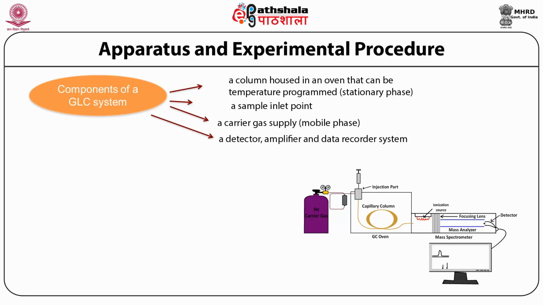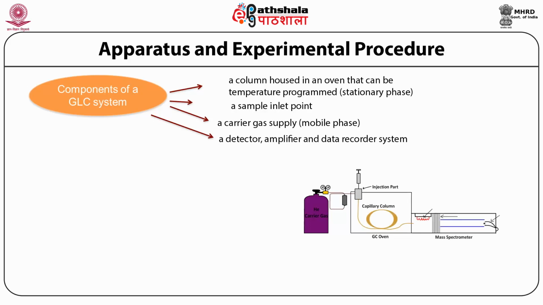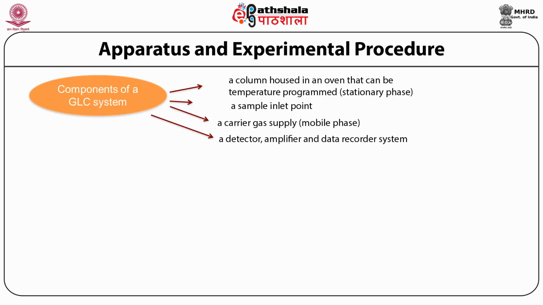As the lipid mixture, or the individual lipids that are getting separated, continue to move through the column, they will eventually reach the end of the column, and then they can either go through a flame, which is used as a detector and is called a flame ionization detector, or they can go through a box that you see here, which is a mass spectrometer for further analysis.